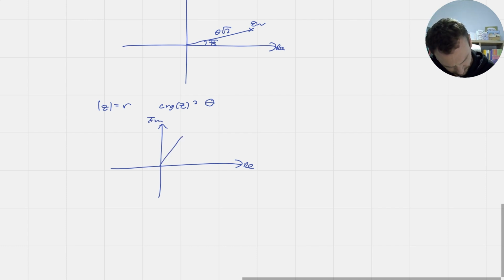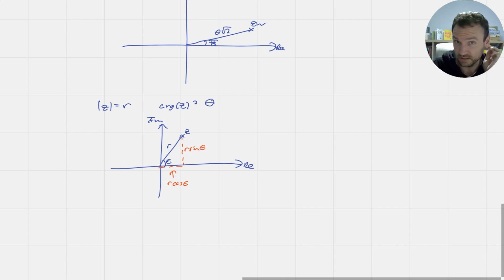So what this is telling us is z is at a point where this distance is r and this angle is theta. By doing a little bit of trigonometry here and making our right angle triangle, the real part of this is just going to be r cos theta, and the imaginary part is just going to be r sine theta. So this tells us that we would be able to write z in the form real part, r cos theta, plus i lots of our imaginary part, which would be r sine theta.